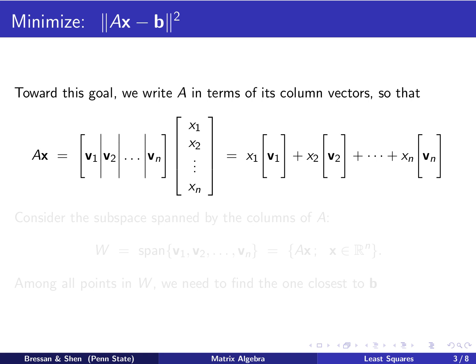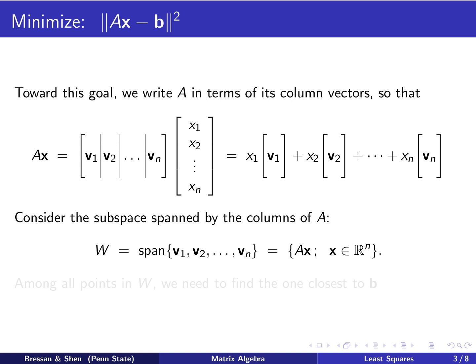So we see that Ax gives you a vector which lies in the column space of the A matrix. Therefore let's consider the subspace spanned by the columns of A. W is the span of all the column vectors. This includes all the vectors A times x, where x is any vector in R^n.